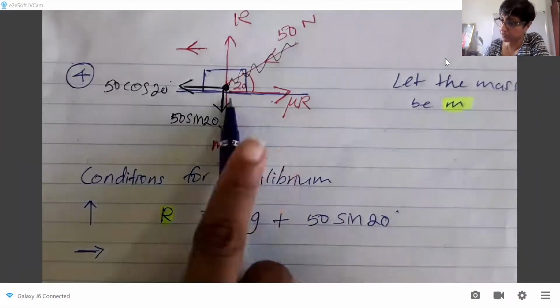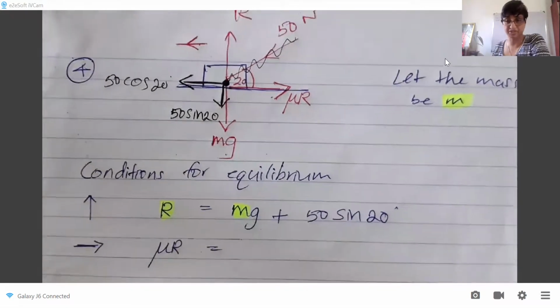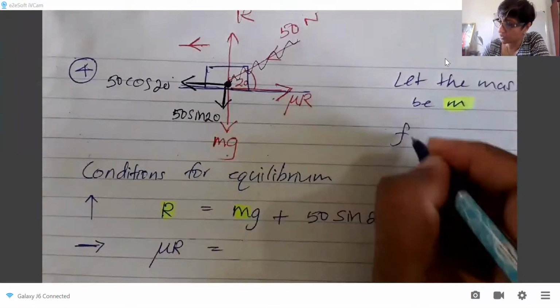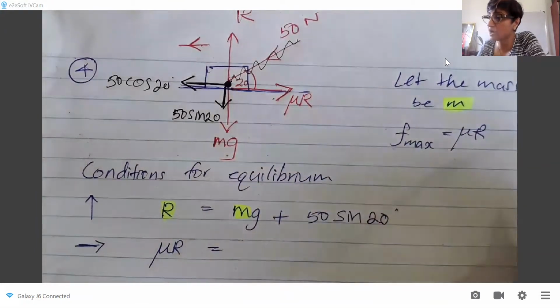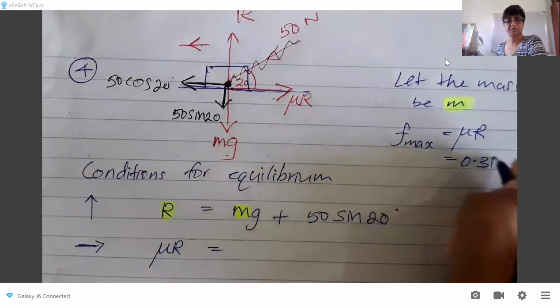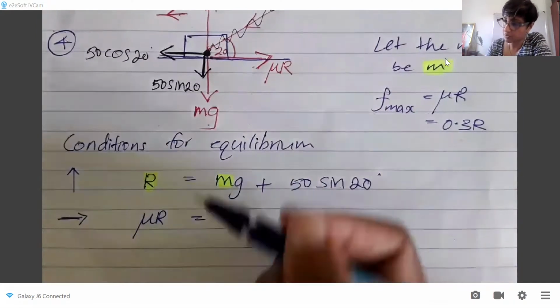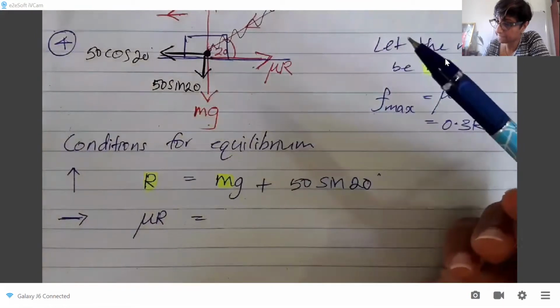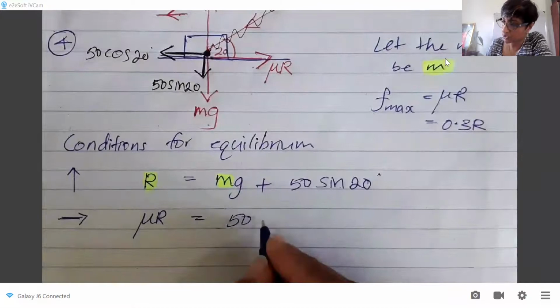So total rightward is only mu R. That's maximum friction. If you want, let me write it here. F max is mu R. Oh, I know mu, right? Mu was how much? 0.3. So this is 0.3 R. I could have straight away written like that. It's okay. That is equal to, what else is there? It's only equal to this, 50 cos 20.